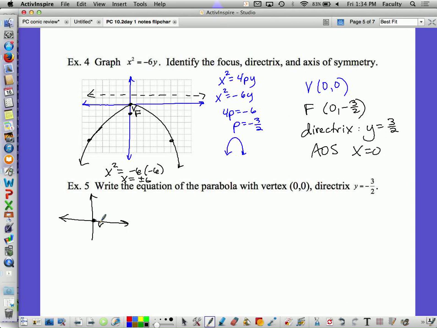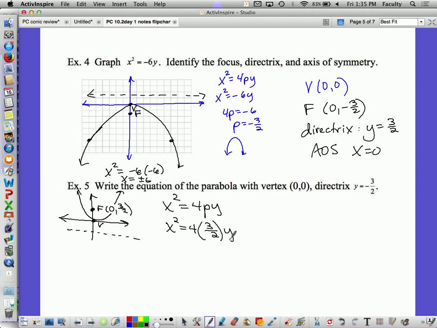If the vertex is here and my directrix is below and it's y equals negative 3 halves, that tells me the focus is at 0, 3 halves, and without even doing much more than that, this is a parabola that opens up. And that tells me that it's x squared equals 4py, and p is the distance from the vertex to the focus.